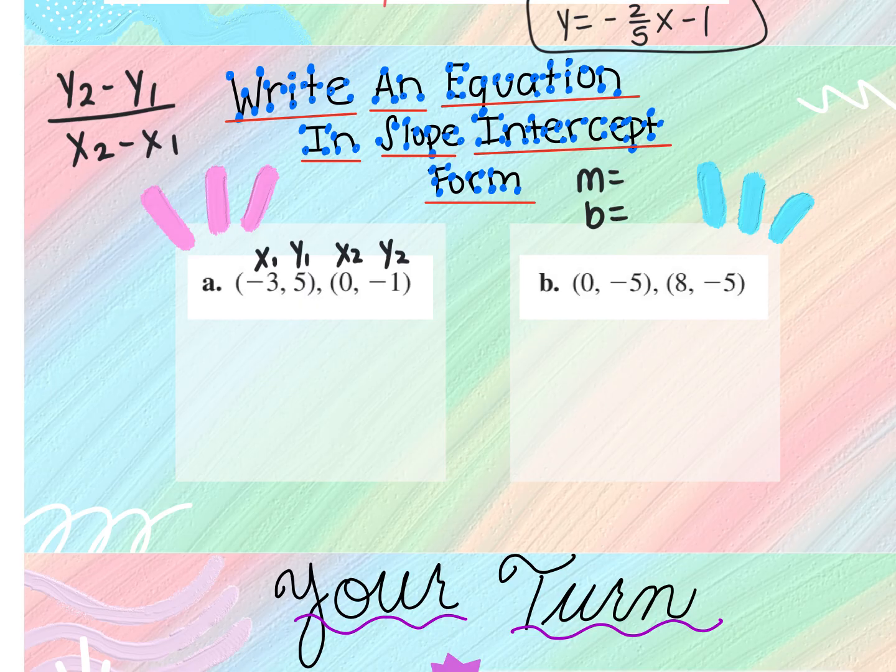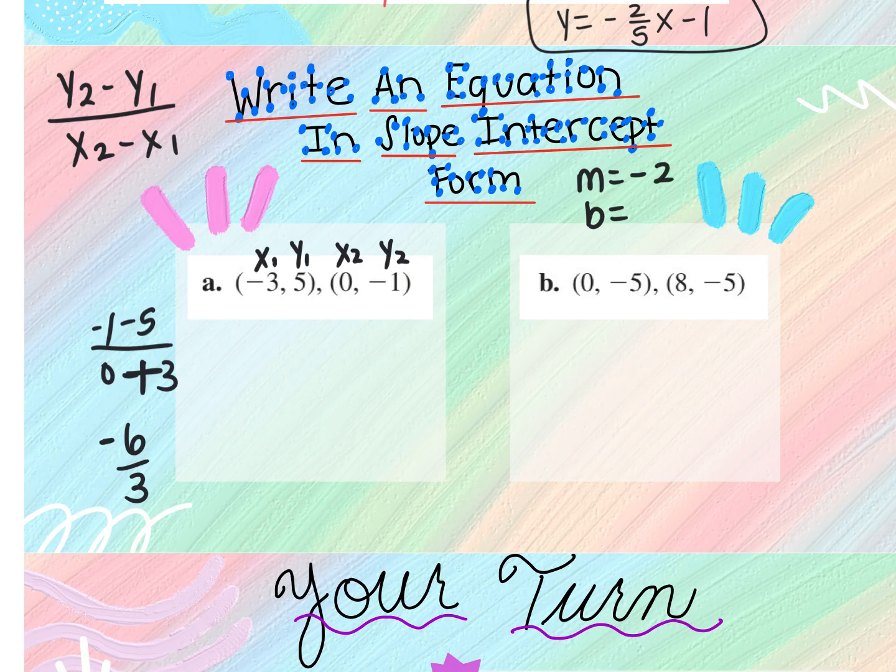So y2 is going to be negative 1 minus y1, which is 5, over x2, which is 0, minus x1, which is negative 3. What is negative 1 minus 5 going to give you? Negative 6. And 0 minus negative 3 turns that into a plus. What's 0 plus 3? What is negative 6 divided by positive 3? So negative 2 is the slope here.